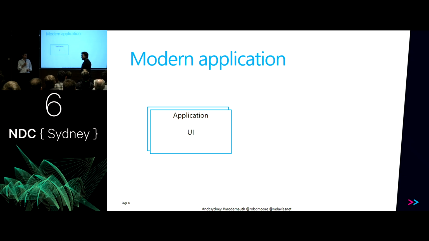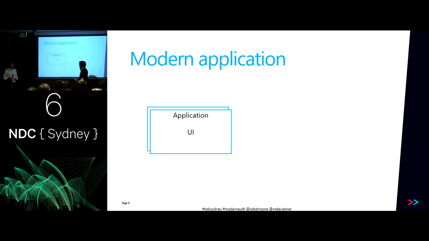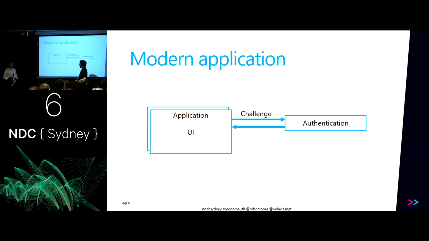Cool. So if we look at a more modern application, we're seeing a couple of different things. The first thing that we're seeing is that people are quite often externalizing their identity off somewhere else outside of their application, and that's really useful for a couple of reasons. The first is that it means we can really leverage third-party single sign-on providers. We can use, for example, Google, Facebook, so on.